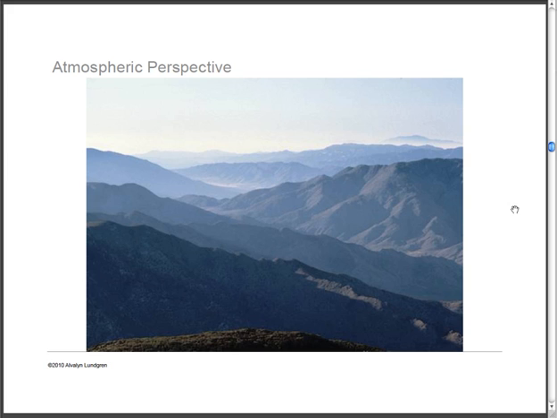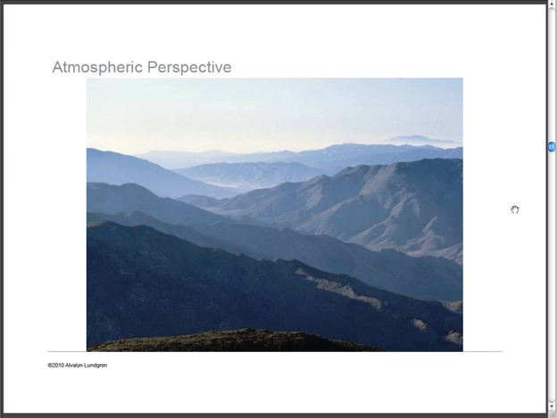The reason for this is that the atmosphere, the particles in the atmosphere actually start to obscure our ability to see things clearly. It's like they create this fog or haze, and it happens because there's particles in the air.